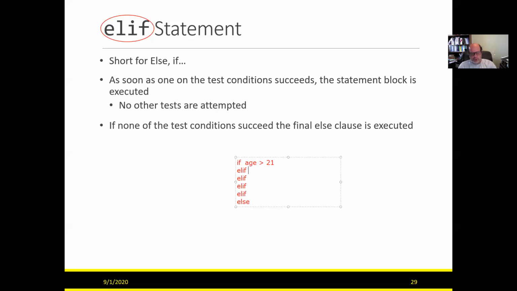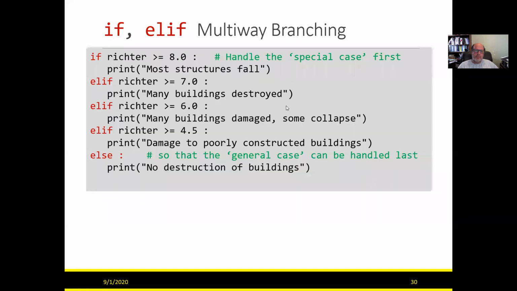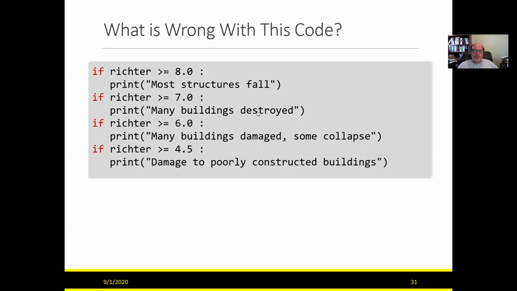All I have to do is just check for age less than 30, and basically on the second line, that means it's above 21 and less than 30. So that's the way it is.